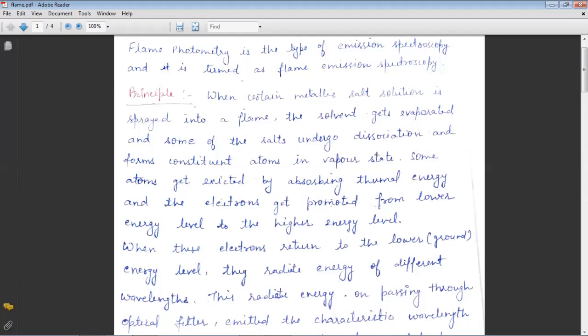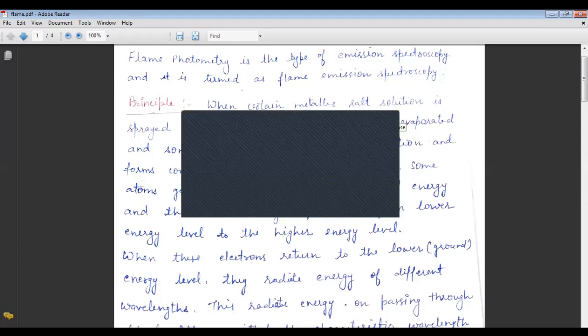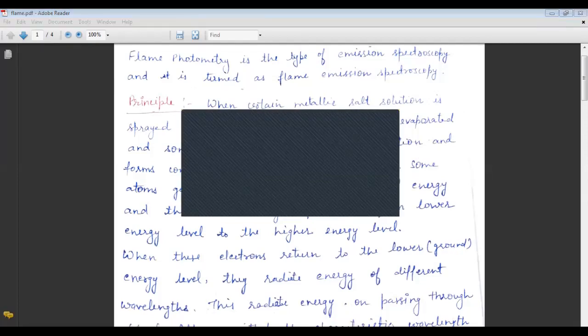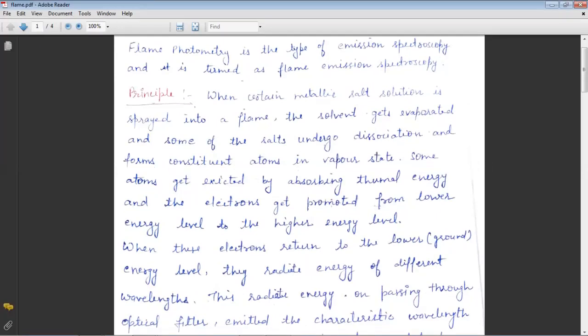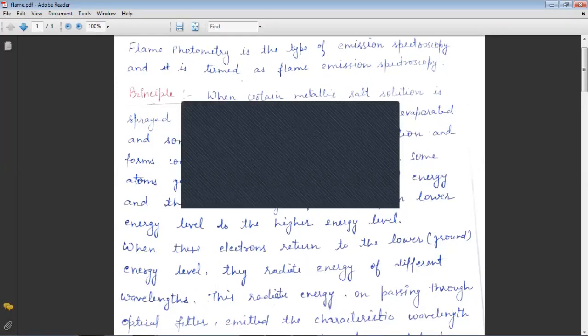The amount of light emitted is proportional to the number of atoms in the flame, and follows the concentration of that atom in the original solution. The amount of light emitted can be measured by the photodetector, which generates an electrical signal that is amplified and displayed on the digital readout.